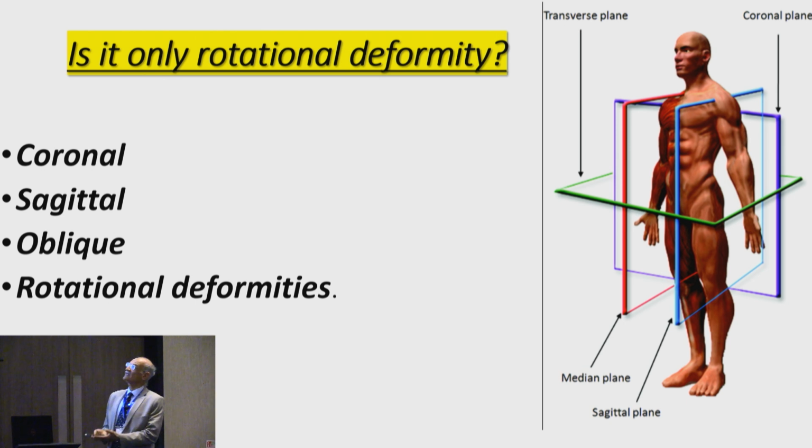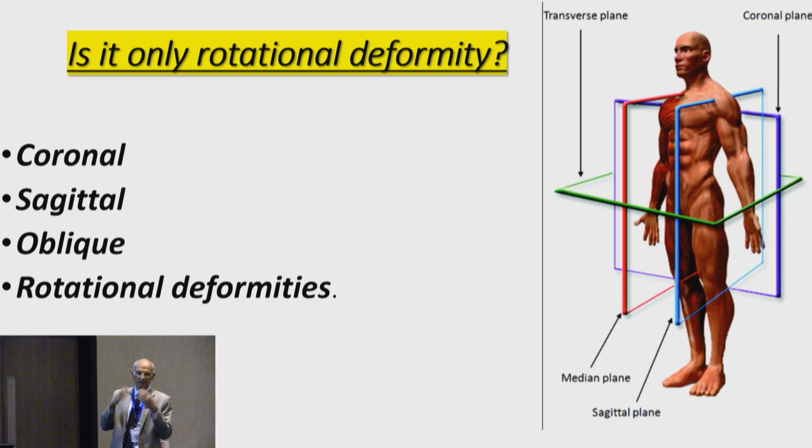So is it only a rotational deformity? No. I can hardly see a purely rotational deformity. Why on earth would the deformity choose one plane? We invented, you know, or this is our imagination, the planes, but it's not reality.